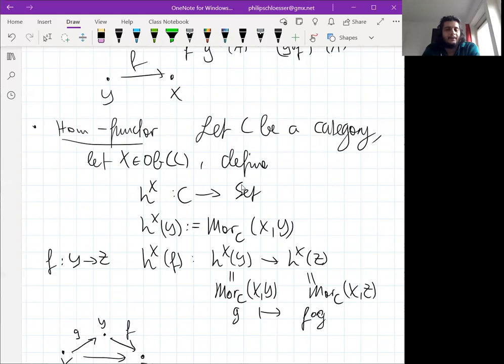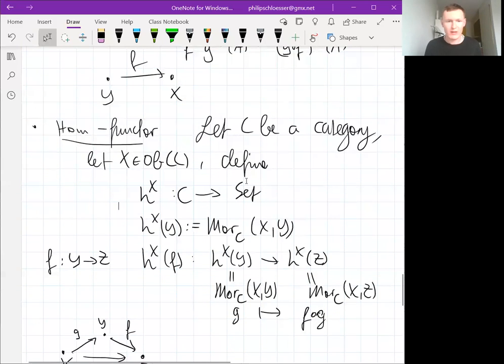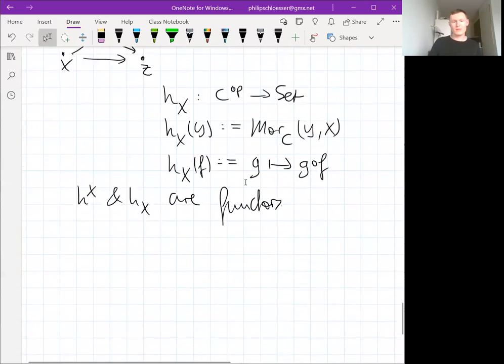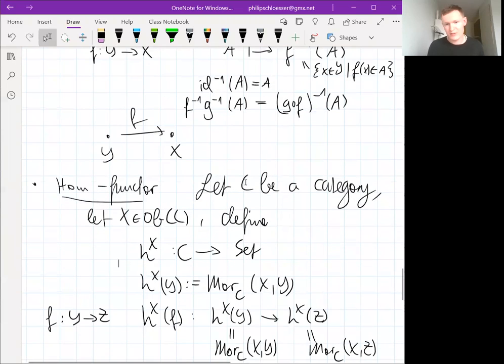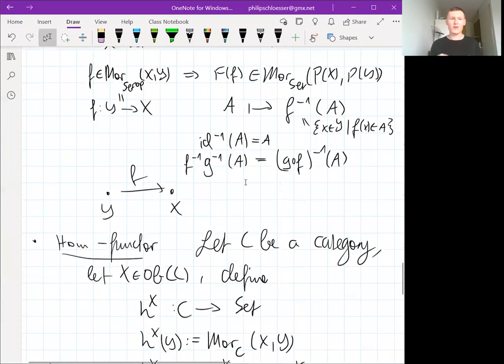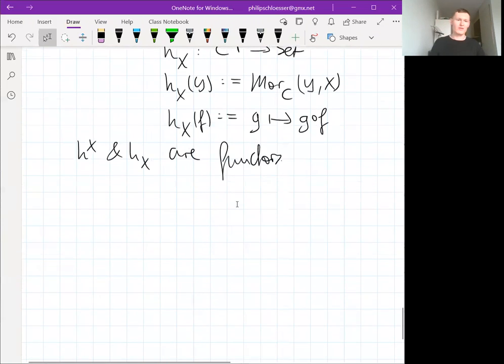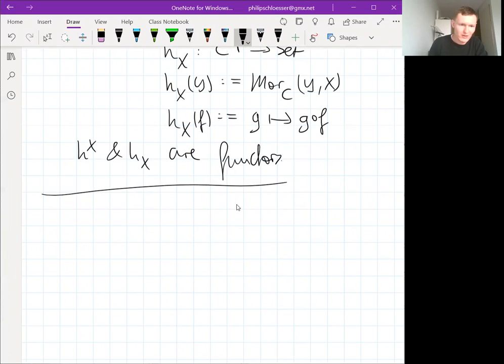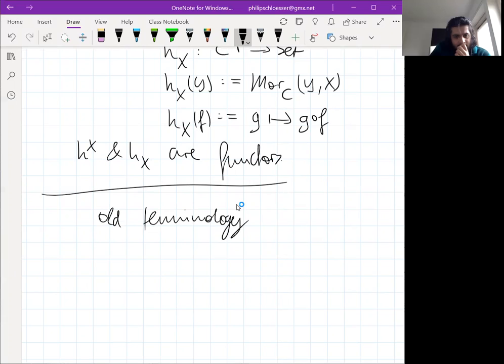But it does matter, because we get different things, right? Like we get contravariant and covariant vectors now. Well, this doesn't have anything to do with vectors, but because I defined the composition in the opposite category to be the reversed notion of, okay, this is maybe getting a bit into the weeds, but the old terminology was that we have covariant functors and contravariant functors.